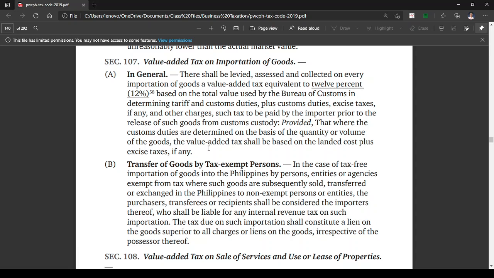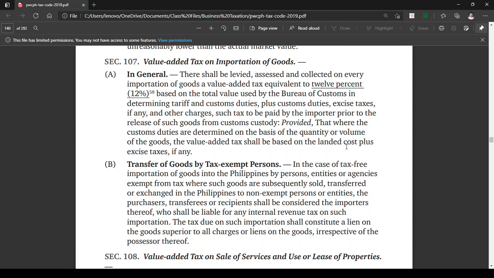So yung landed cost dito, this includes the amount ng invoice plus the custom duties, yung mismong custom duties na binayaran. Yung freight, meaning yung shipping fee, yung insurance, and other charges.